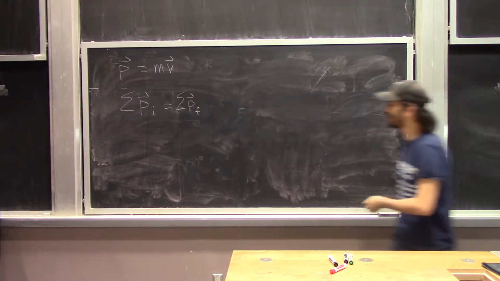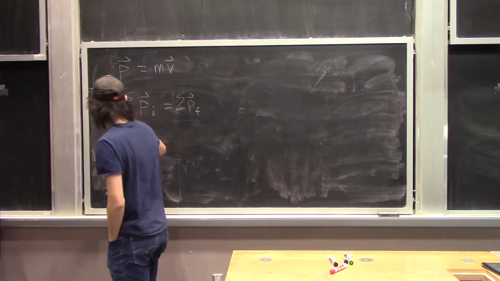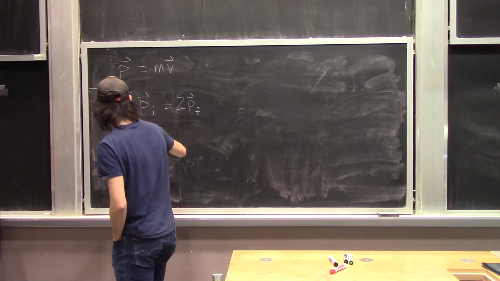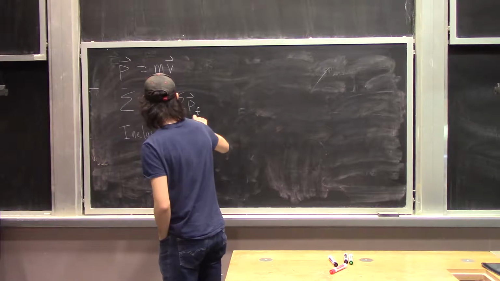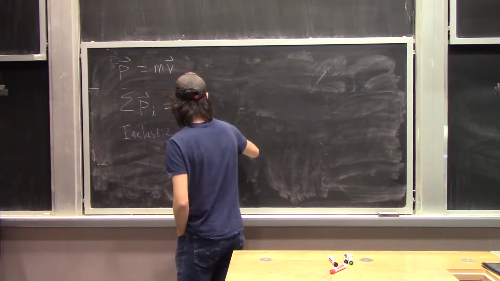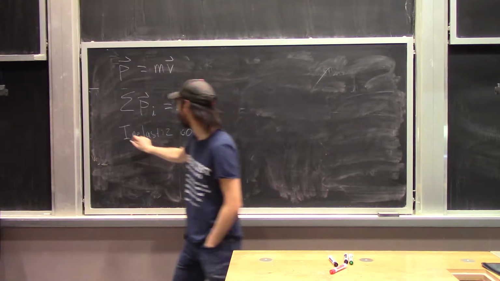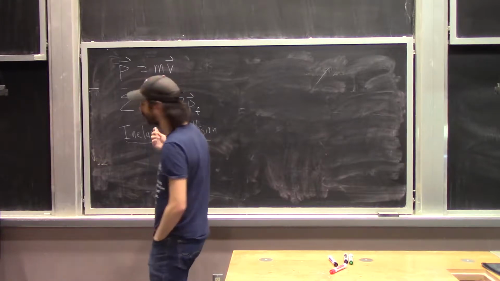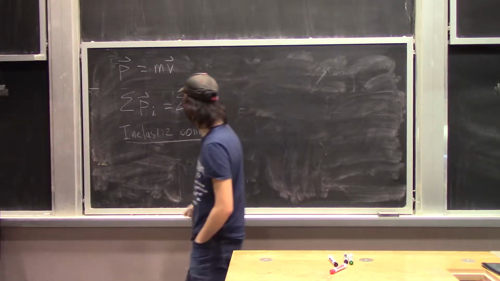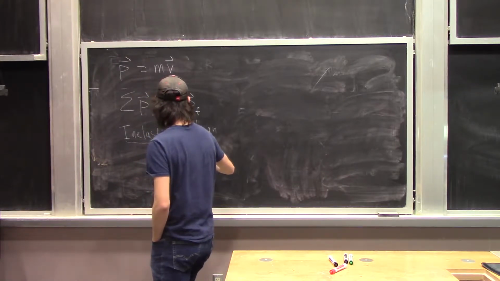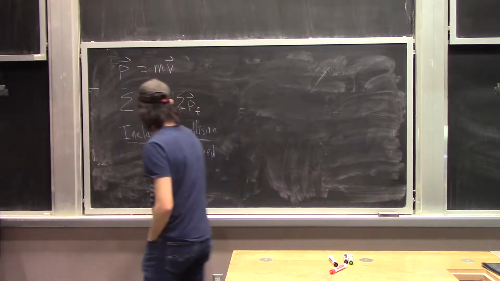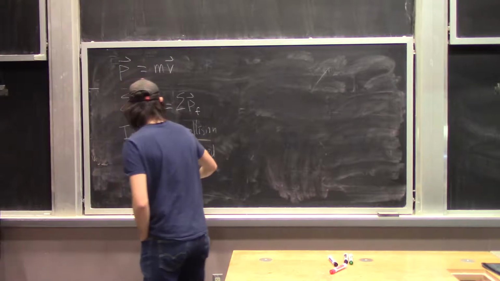The first was the inelastic collision. In this case, momentum is conserved, but energy is not conserved. So P is conserved, but E is not.